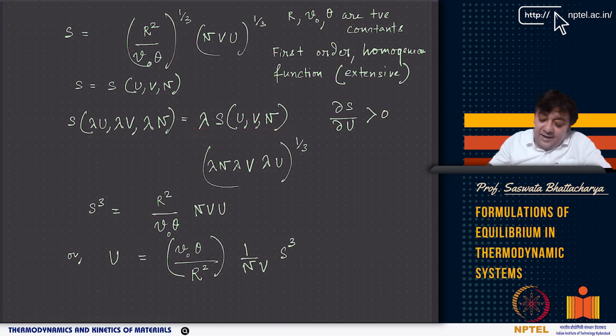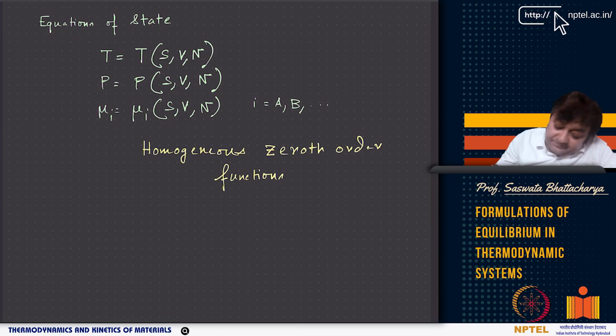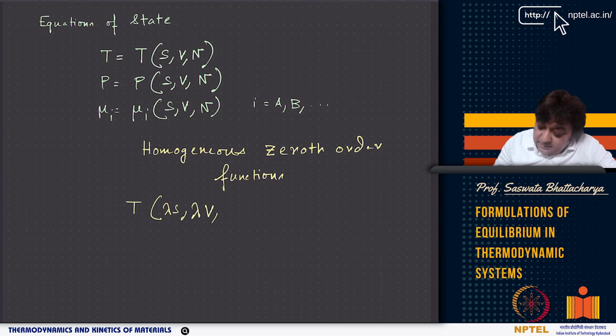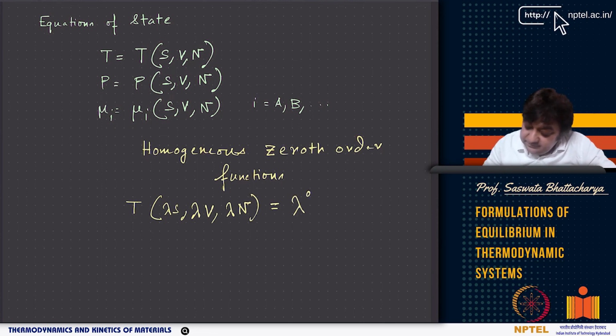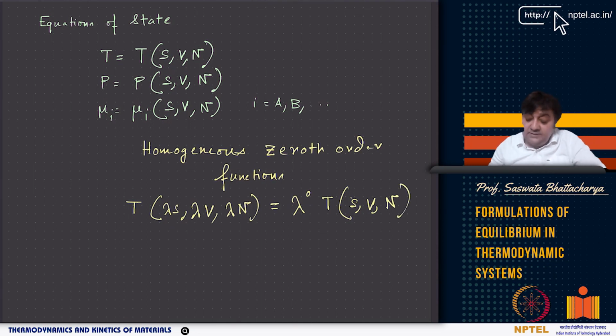But on the other hand, if I write T(S, V, N) and put lambda S, lambda V, lambda N, this equals lambda to the power 0 times T(S, V, N), right?